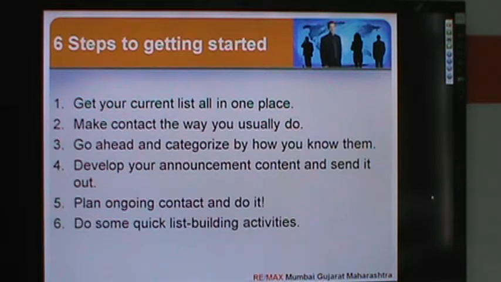So develop your announcement content and send it out. If you are contacting via several methods such as email, snail mail, phone, develop a script for each and let them know about your new business. Suppose as simple as: Hi, name of the person, I have started a new career and wanted to let you know about it.